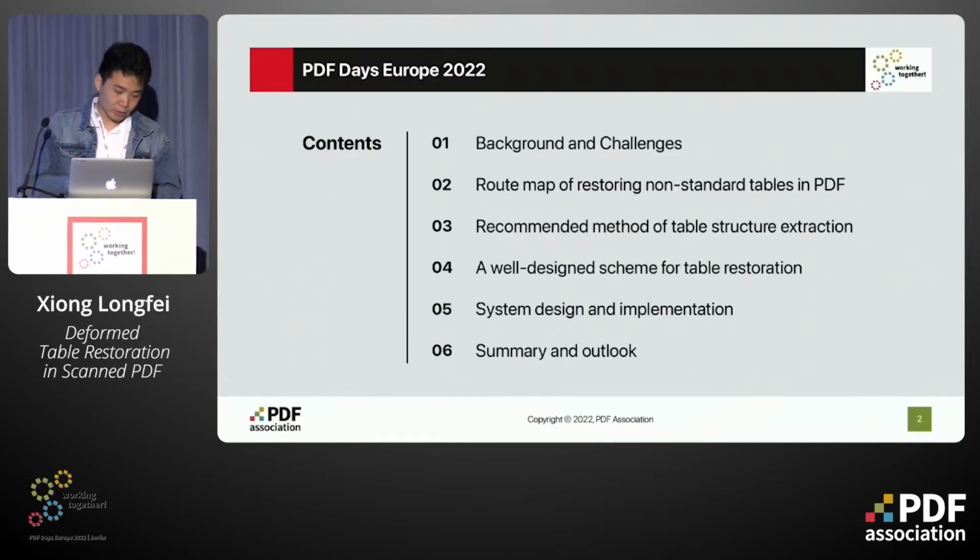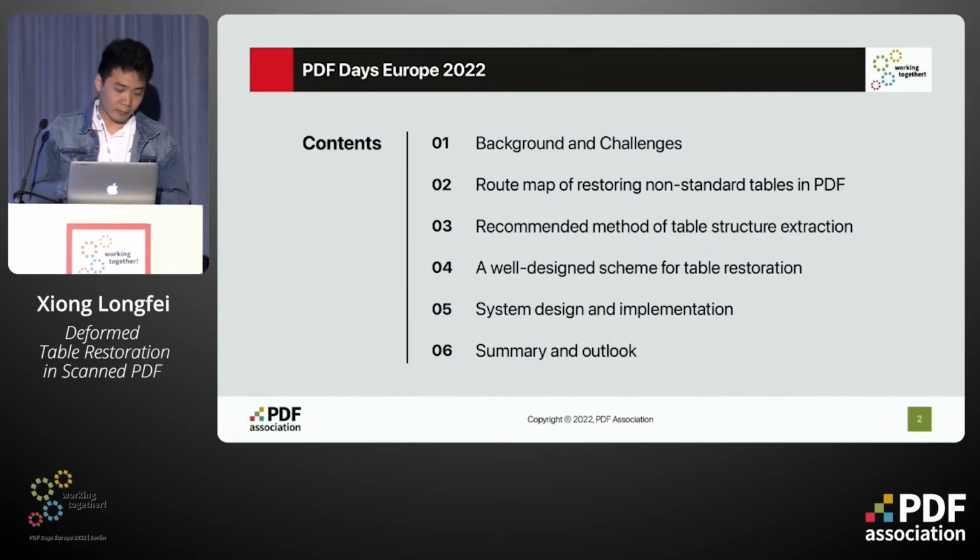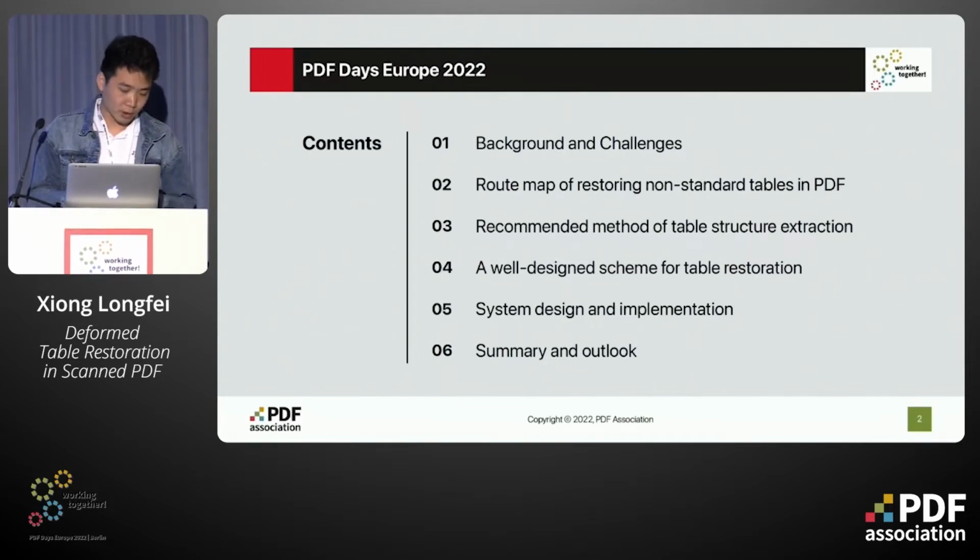Today, I will introduce the following 6 key parts to you, hoping to give you a basic understanding of our work. Firstly, the background and challenges of table restoration in complex scenes. Secondly, the overall flowchart of restoring non-standard tables in PDFs or images.